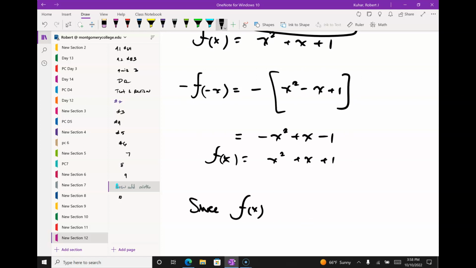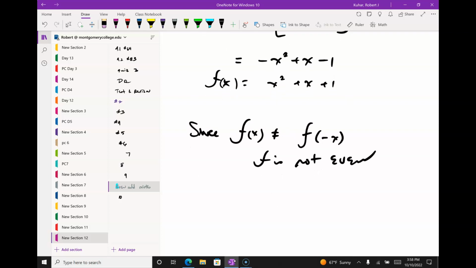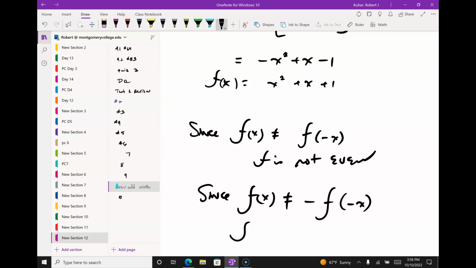Since f of x did not equal negative f of negative x, f is not even. Since f of x does not equal the opposite of f of negative x, f is not odd.